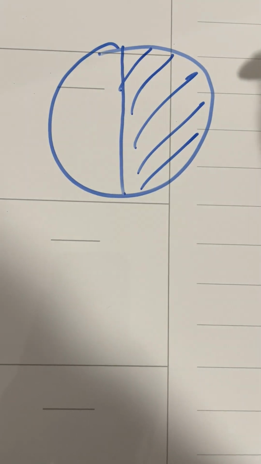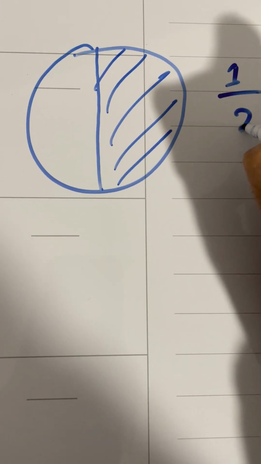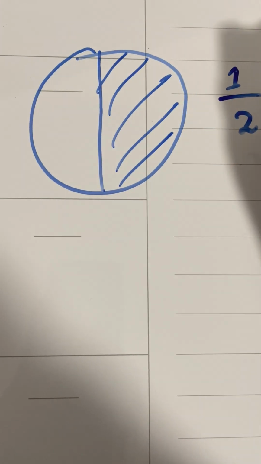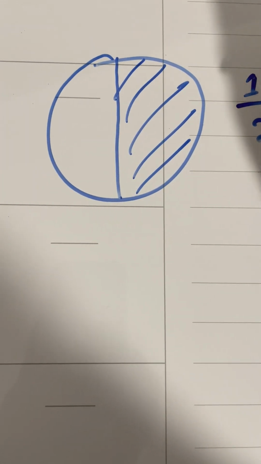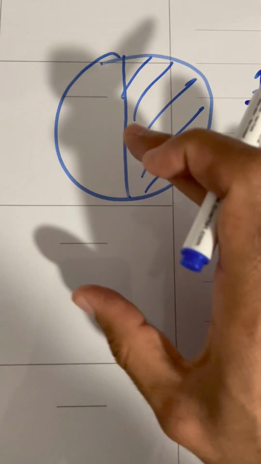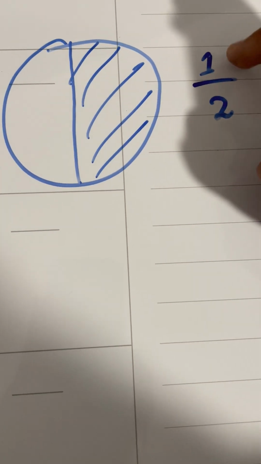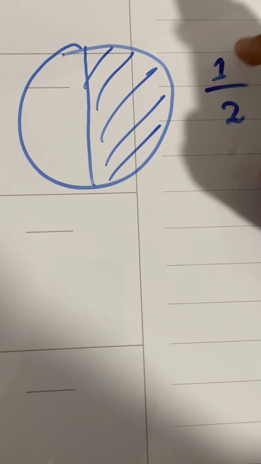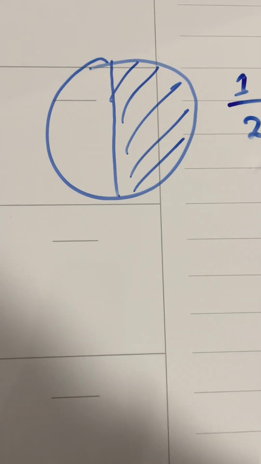And if we have to write it as a fraction, we can easily write it as 1 by 2, or 1 out of 2. 1 is the numerator, 2 is the denominator, and 1 is what we are intending to say, and 2 is the whole. Like, the whole circle has two parts, and our shaded or intended part is 1.